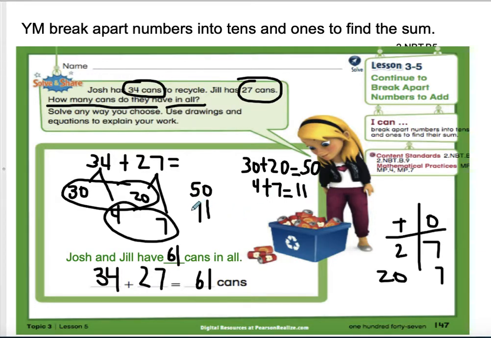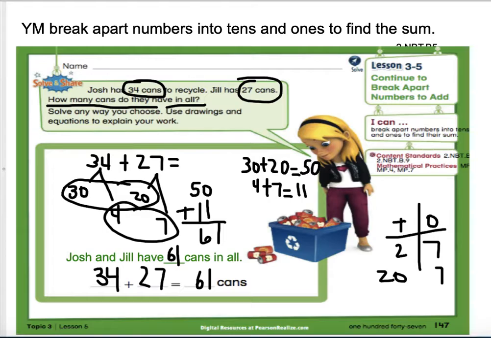Okay, now I'm going to add them together. It's always easy to add when you have a friendly number. 50 plus 11 is 61.